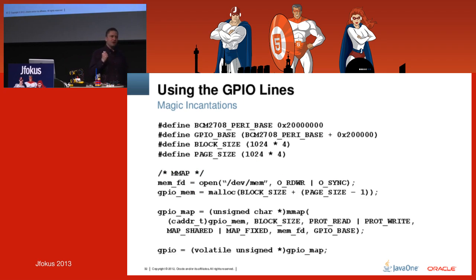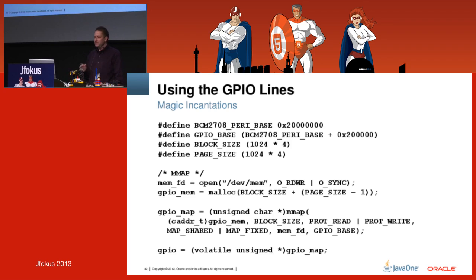Using the GPIO pins can be tricky, or easy, depending on how you go about it. I started with the tricky approach, which was to start using magic incantations in native code and having to access the memory directly. Fortunately, somebody had already figured this out for me, so all I had to do was copy some of their code and then create some JNI code that sat on the top.